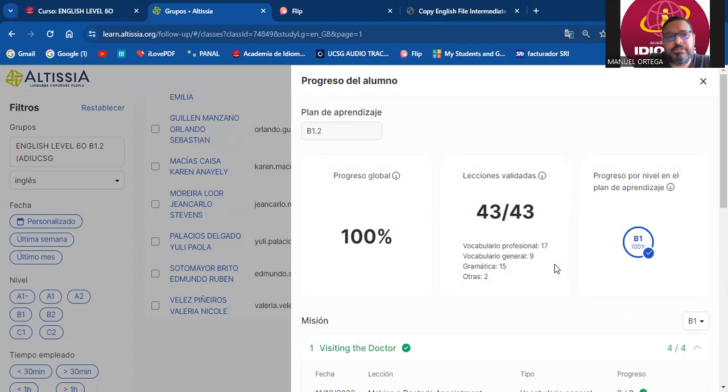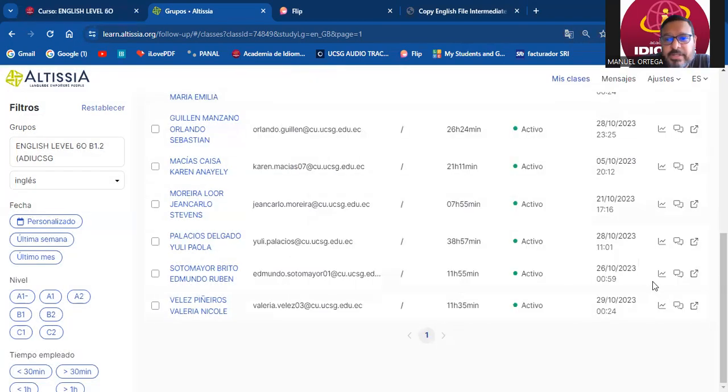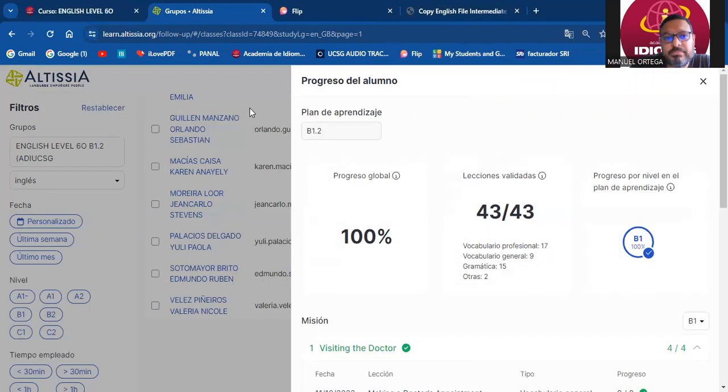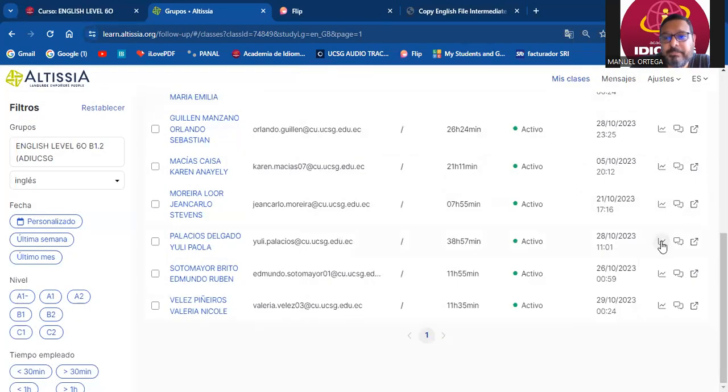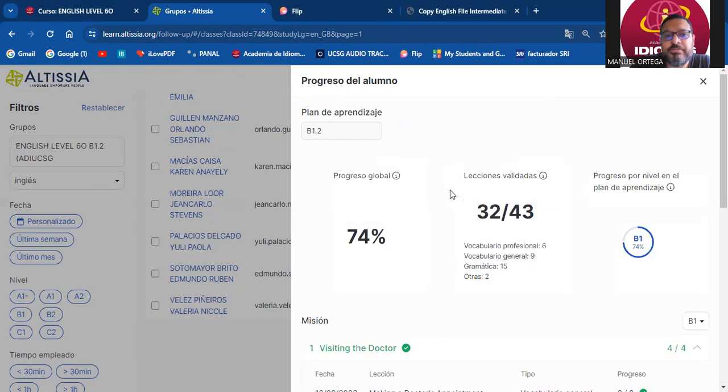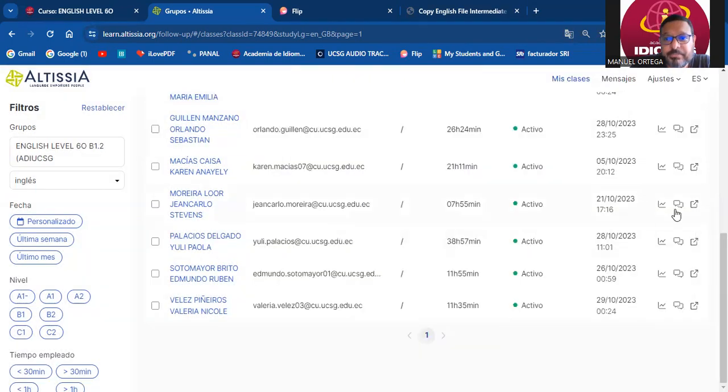For example, here on level B1.2, 100%. Those are 2 points. Next week, before the exam, this must be completed. Remember that if you got the 100%, you got the 2 points. If not, you get a proportional score.